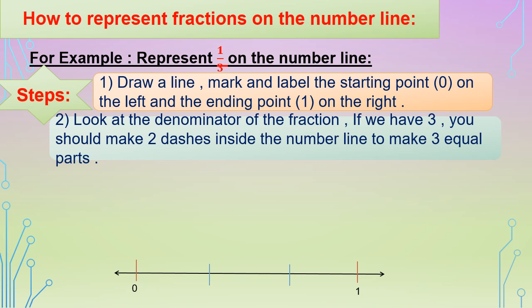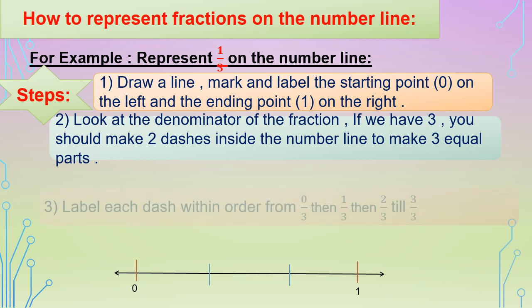Another example, when the denominator is 7, how many dashes will we need to make 7 equal parts? Don't forget, subtract 1. So we will need 6 dashes to make 7 equal parts.